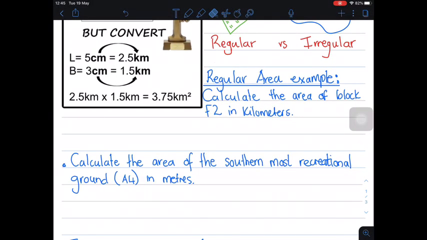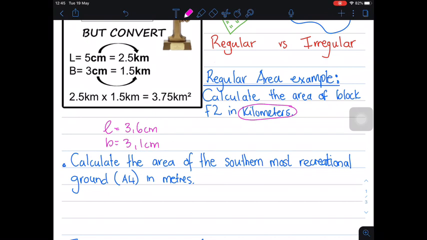That the length is 3.6 centimeters, and that the breadth measured 3.1 centimeters. And the rule says we need to convert first. Now, because it has said kilometers, we need to make sure that we convert both our length and our breadth into kilometers.